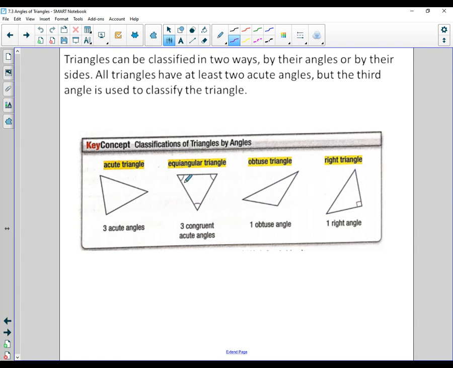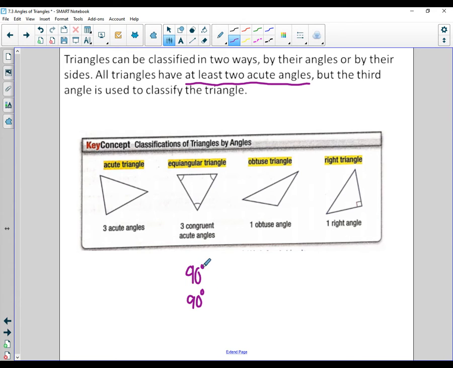So, real quick, before I get onto this, all triangles have at least two acute angles. Now, why is that? Well, there are three angles in total, right? So if we were to have fewer than two acute angles, that would mean that at least two of them are right angles or obtuse angles, right? 90 degrees or more. Well, what happens if we have two angles that are at least 90 degrees?